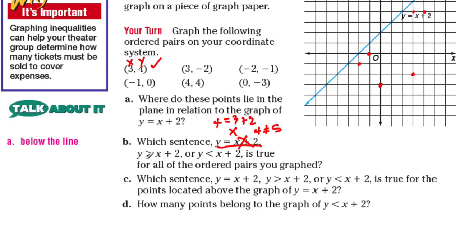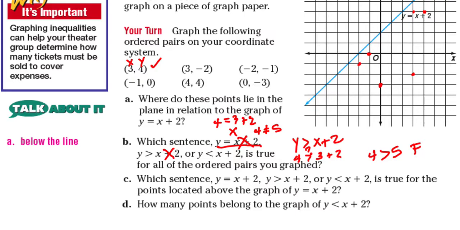So let's use y greater than x plus 2. If x is 3 and y is 4, the question is, is 4 greater than 3 plus 2? 4 greater than 5 is not true, that's false, so this will not make it true.